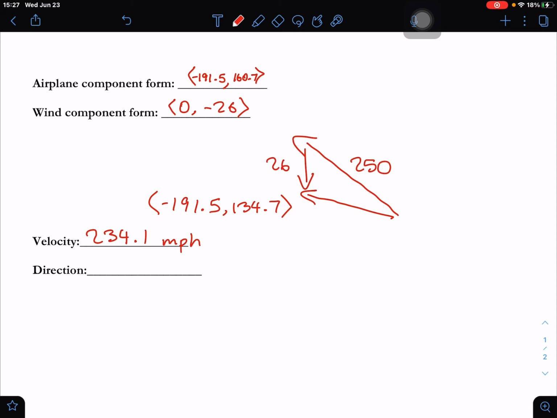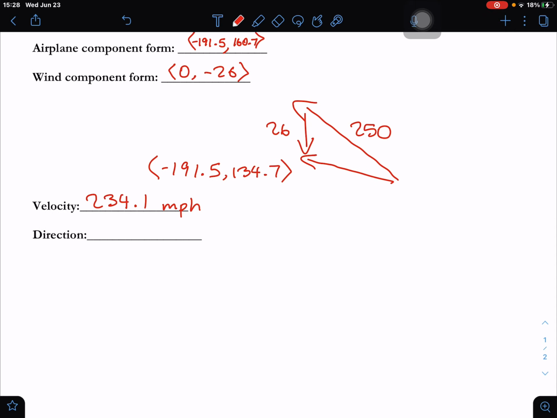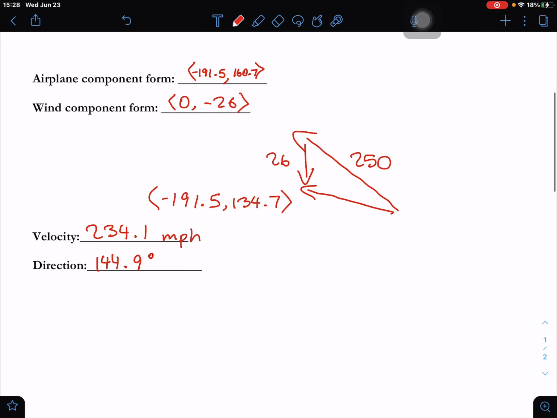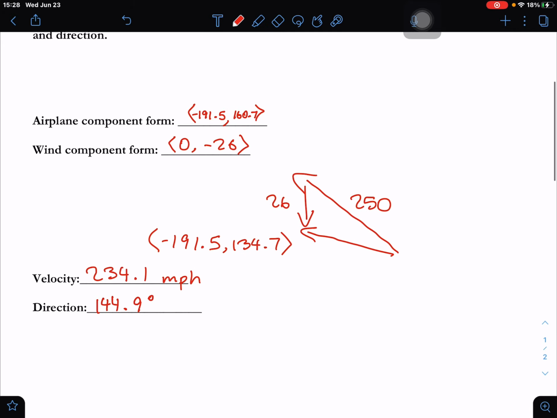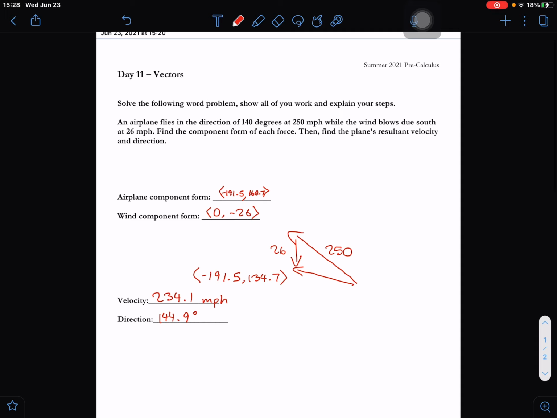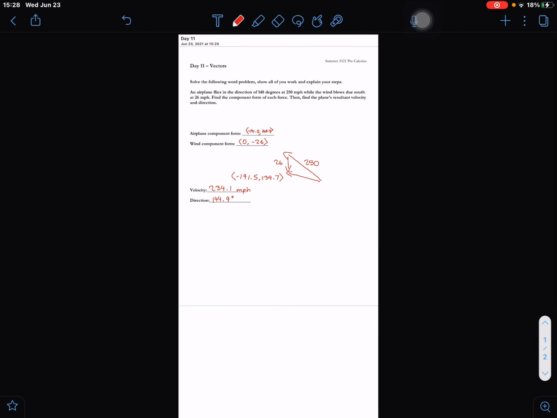So 180 minus this 35.1 answer is going to give us roughly 144.9. So our direction is roughly 144.9 degrees. And if we look at it, it seems about right. 144 seems believable. And in that case, we are done.